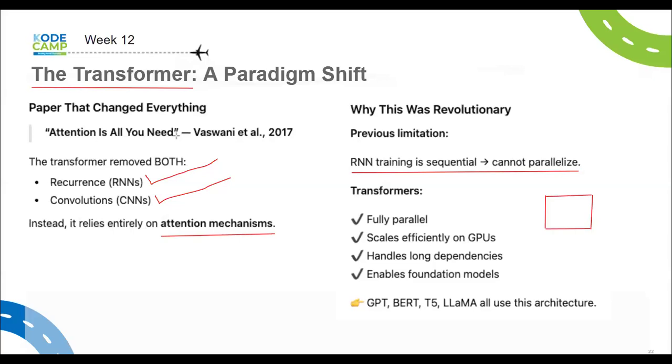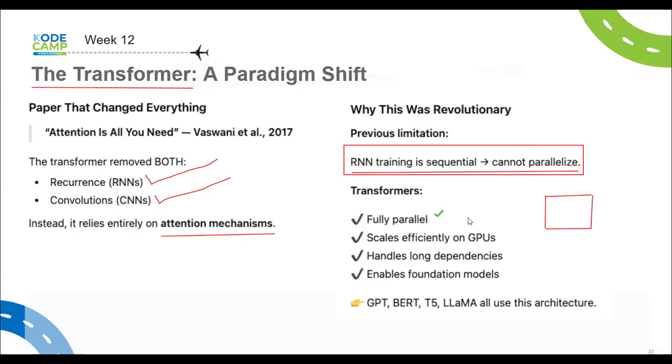With that, it was possible to remove the main sequential aspect of this model. The attention came in and replaced the sequential models, the recurrent neural networks, LSTM, and so on. And so we now have transformers that are fully parallel, right?